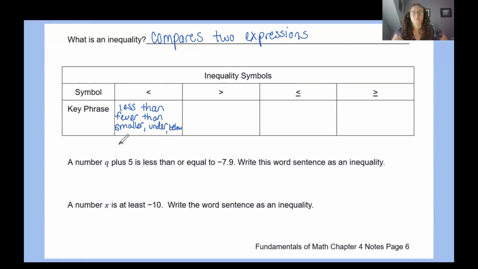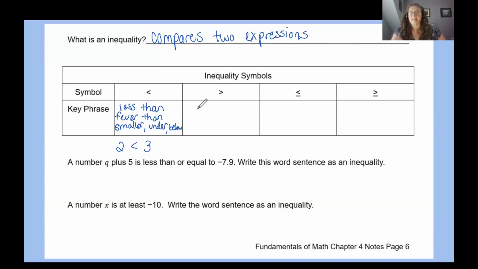So I could say 2 is less than 3, or 2 is fewer than 3. 2 is smaller than 3. 2 is below 3. We're comparing 2 and 3. They're not equal to each other, right? 2 is less than 3. Right. And we could do that with a variable as well. We could put x there, and we could say that x is less than 3.